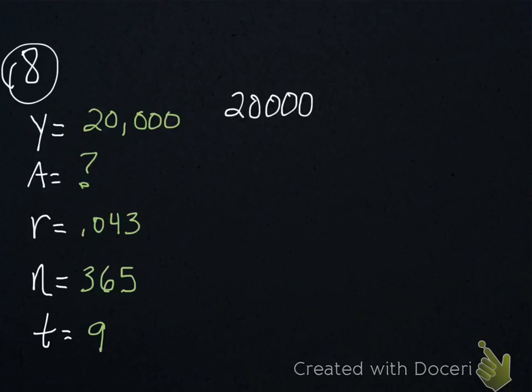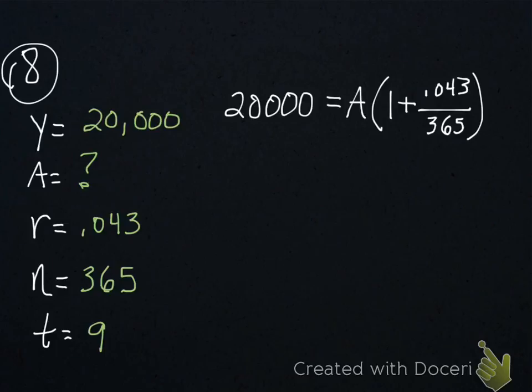20,000 equals A times parenthesis of 1 plus 0.043 divided by 365, raised to the 365 times 9 power.